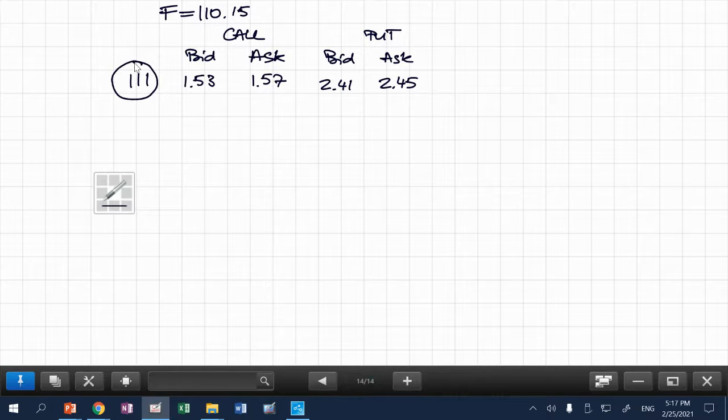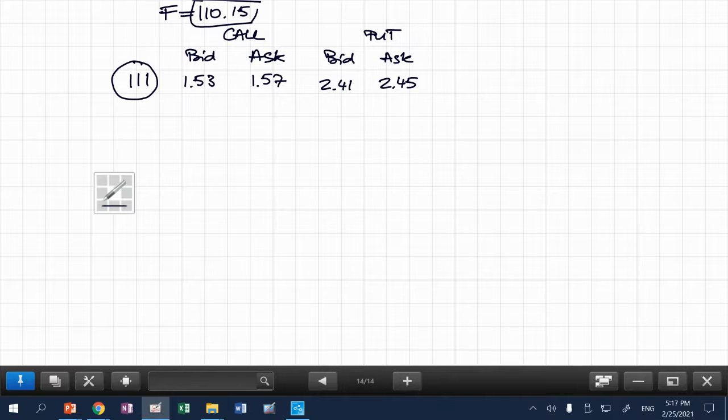If you have a strike of 111 and the future trades at 110.15, which of the two options is in the money? The call or the put? The put option, okay. What is the intrinsic value of the put option precisely? Strike 111 while the market is 110.15, it's 85 cents.